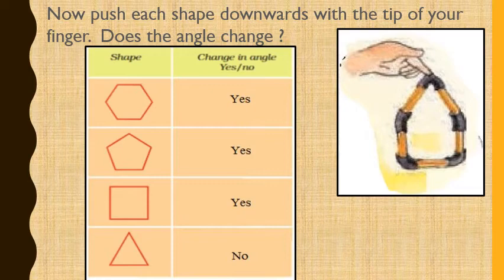Now, if we push one end of a pentagon with the tip of our finger, the angle of a pentagon also changes. Next, if we push one end of a square with the tip of our finger, this angle of a square also changes. But if we push one end of a triangle with the tip of our finger, the angles of triangle doesn't change.